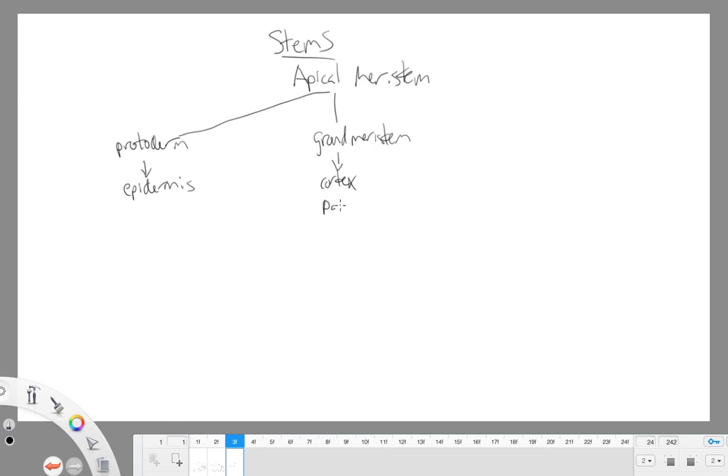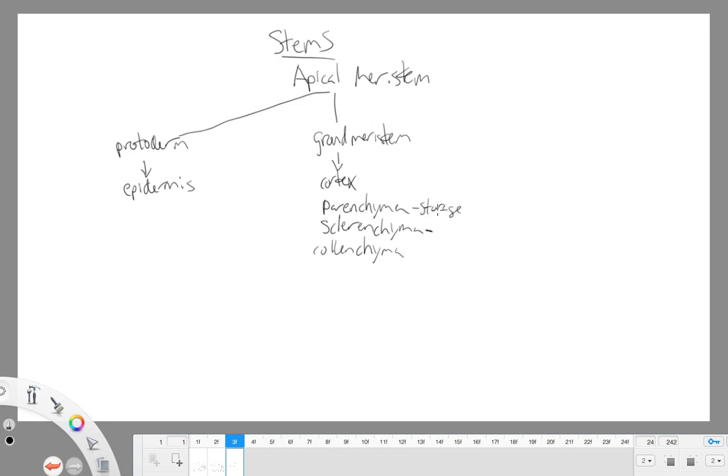We have parenchyma, collenchyma, and sclerenchyma. So we have all three of our tissue types in our cortex, and this is our storage.